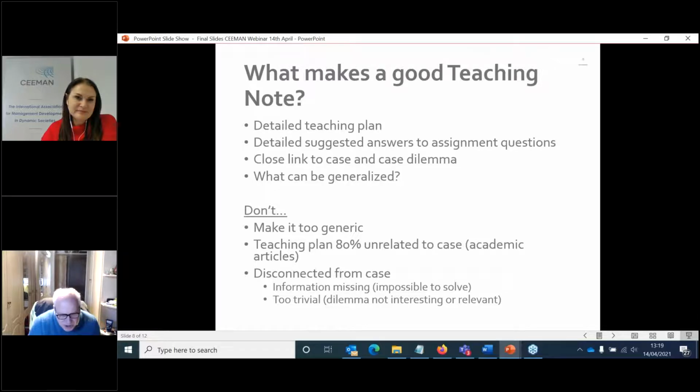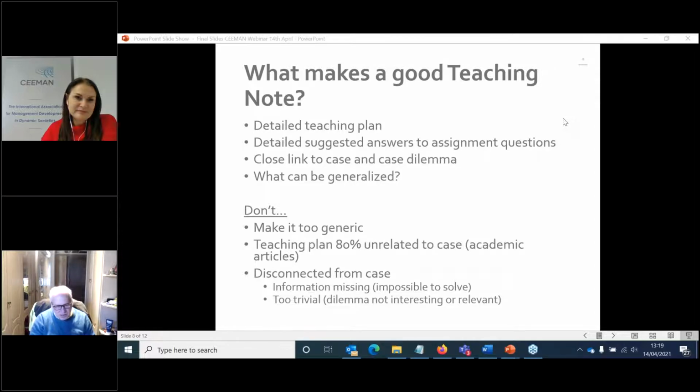So another submission I looked at, there was a case, again, about 25 pages long, which is way too long. And in addition, in the teaching note, there were 6 academic articles assigned. So first of all, 6 articles and a 25-page case for a 90-minute session is way too much.